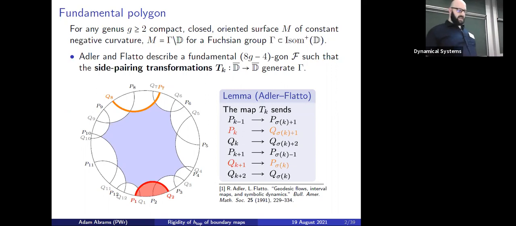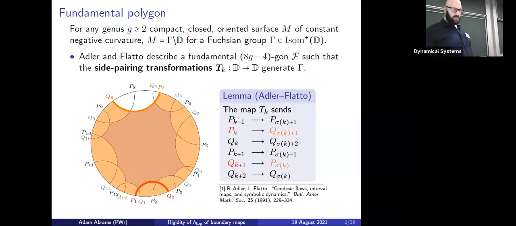In fact, the inside of this red circle is mapped to the outside of the orange circle, which means that as a map on the circle, T1 takes a relatively small interval between P1 and Q1, and maps it to a very large interval, going from Q7 all the way around the circle to P7.